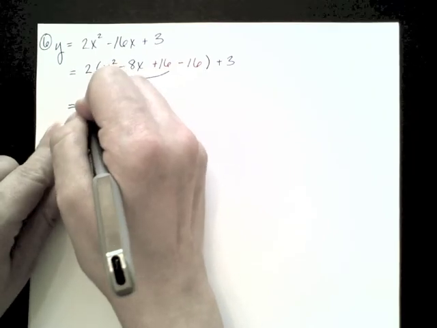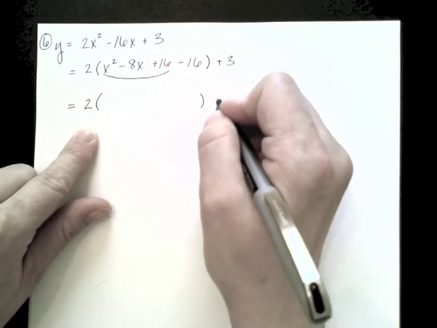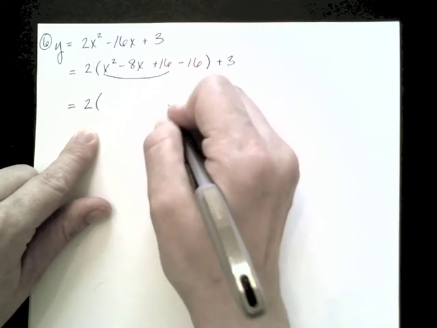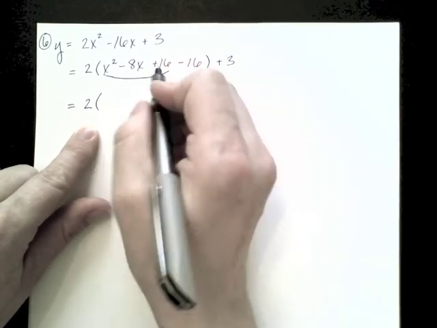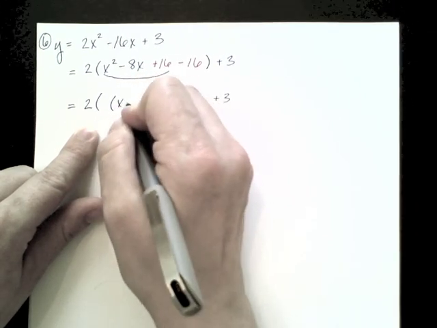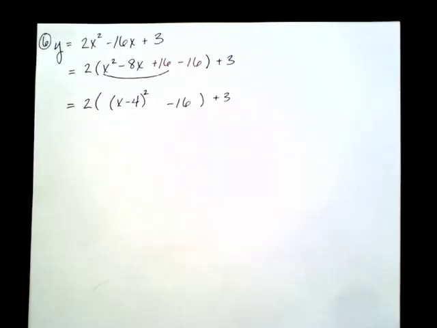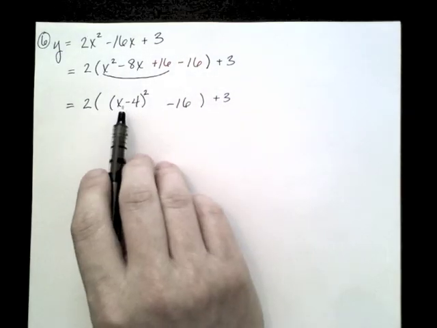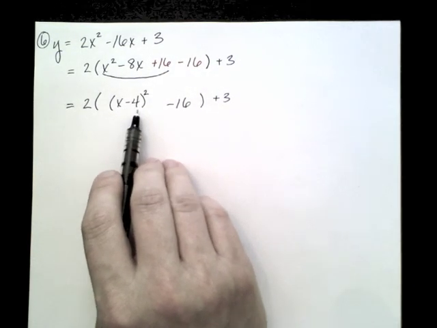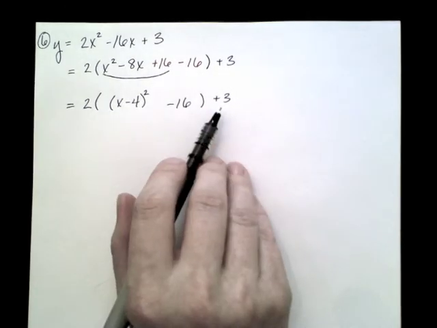So now you need to be careful not to drop your parentheses. I have this, and then I factor the perfect square to be x minus 4 quantity squared. Notice that now I have 2 sets of parentheses.